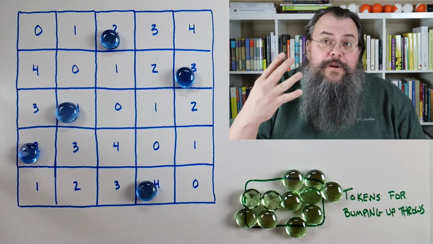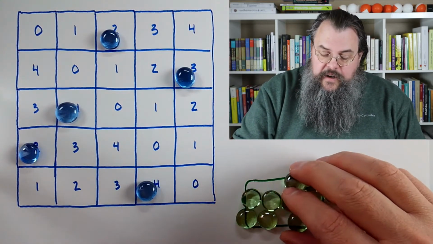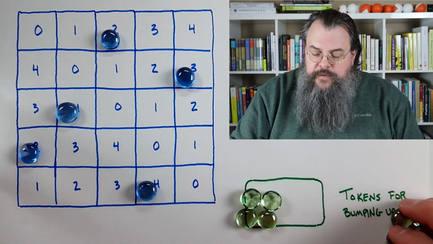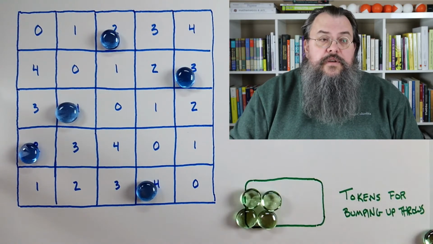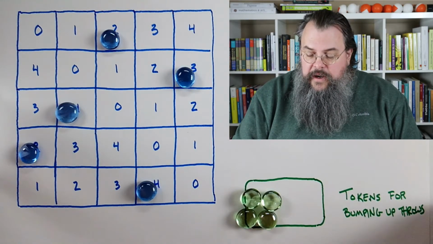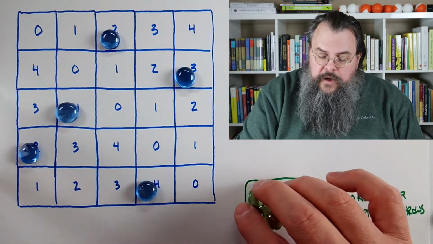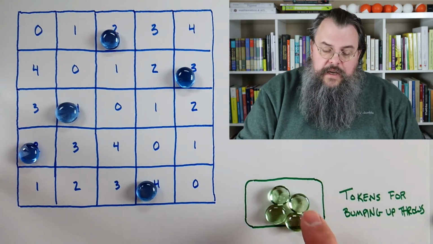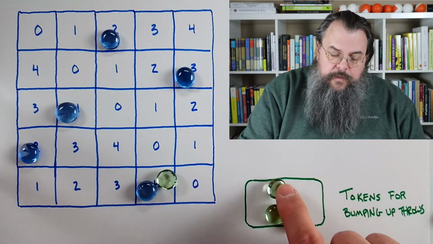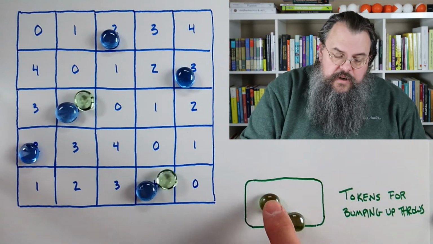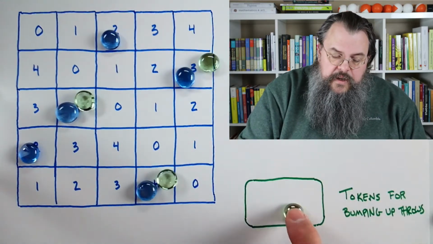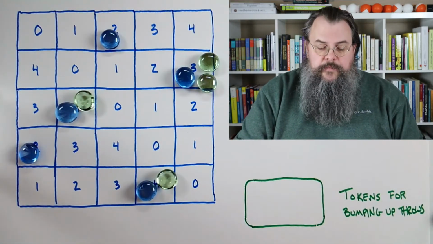Well, that means we have 4 balls to spare. And so we would say, all right, move these aside. They're not going to be used. So now we have 4 tokens to place, and we can place them anywhere we want. And lo and behold, that'll give us a pattern with exactly 7 balls.